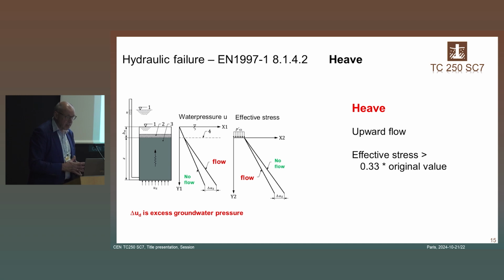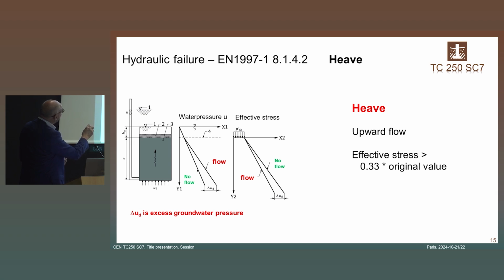The other hydraulic limit state is hydraulic heave, and that is the case where you have a column of ground. Here is a water pressure which is higher than the water pressure on the top side, so you get a flow of water through the soil upward.